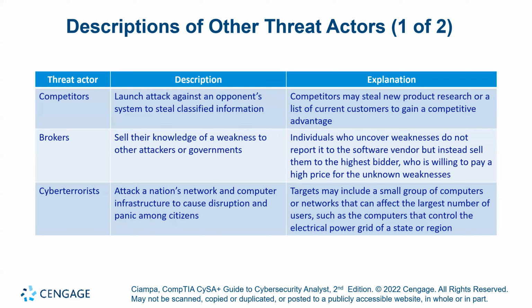And then there's cyber terrorists. Attack a nation's network and computer infrastructure to cause disruption and panic among citizens. Targets may include small groups of computers or networks that can affect the largest number of users, such as computers that control the electrical power grid of a state or region. Basically, with cyber terrorists, they try to go for, and no pun intended, the most bang for their buck.